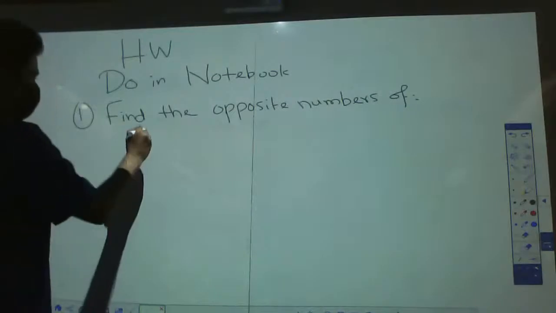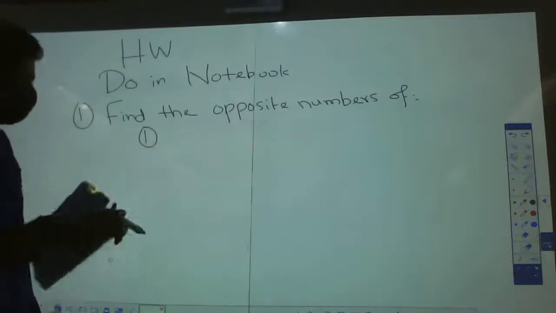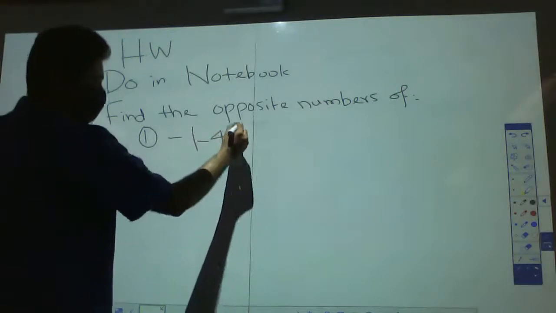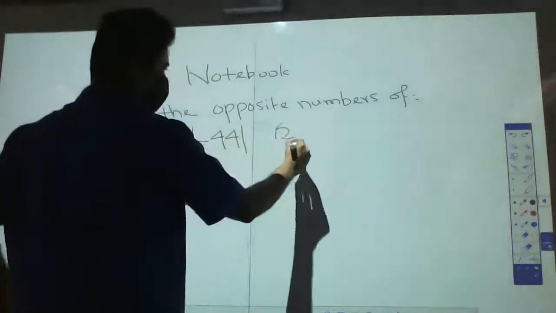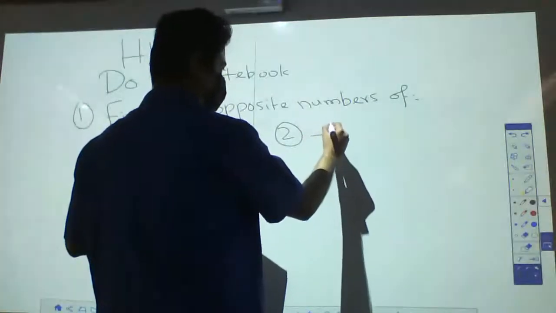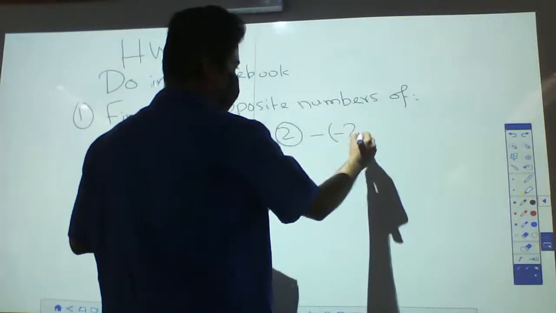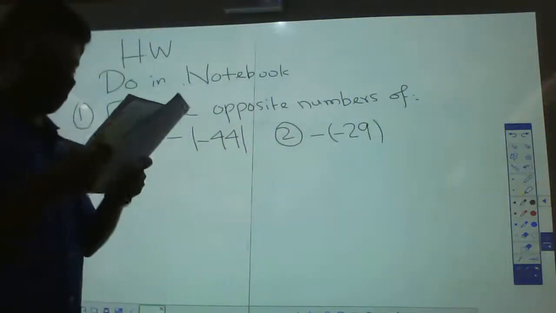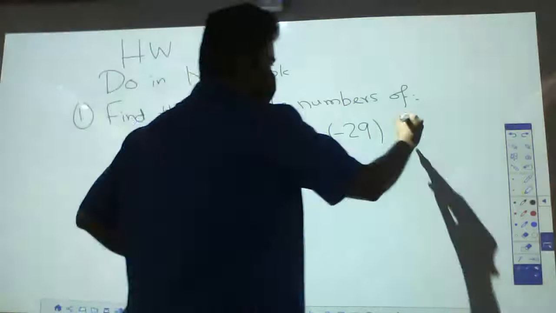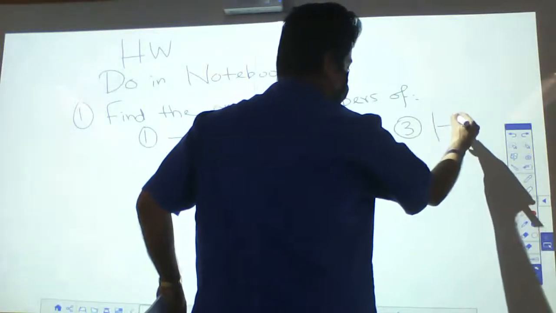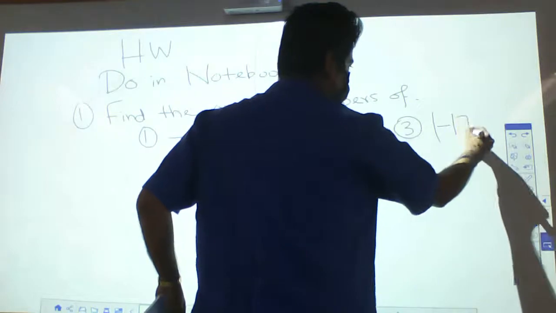So in this you have number 1, let's say minus 44, number 2 minus 29. This one is absolute, but this one it is not, right? Number 3 minus 17.